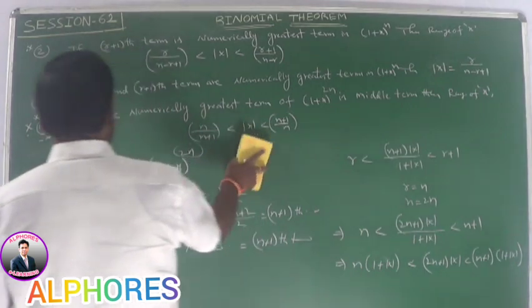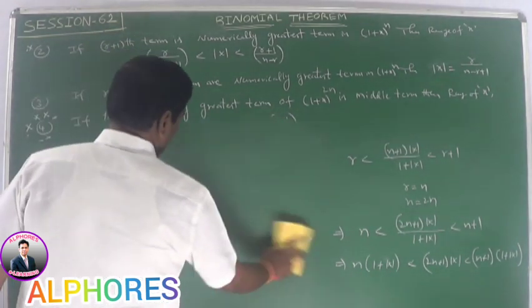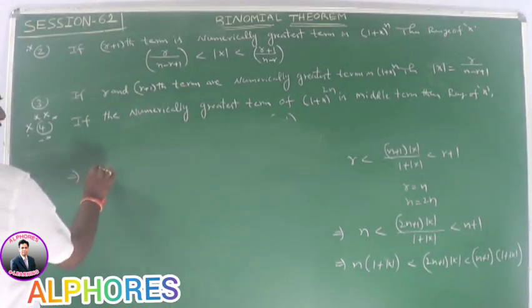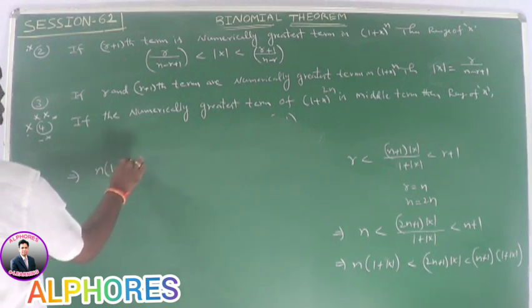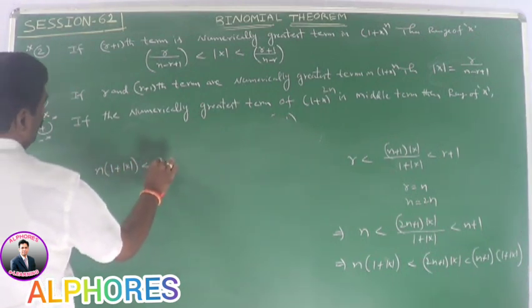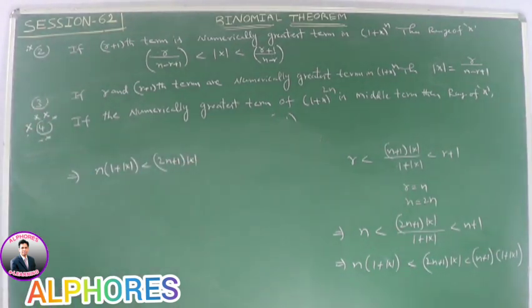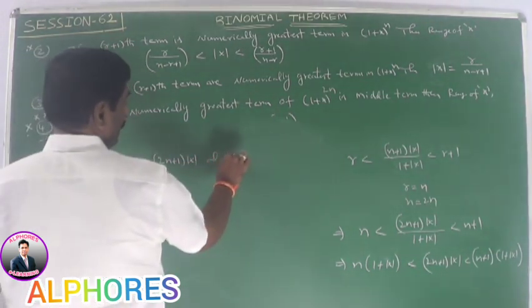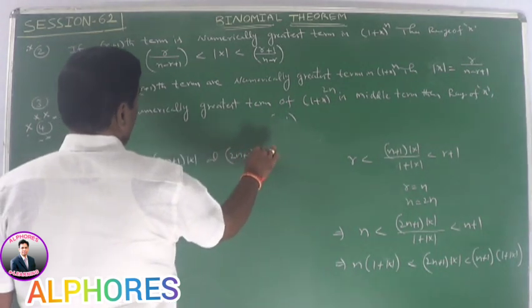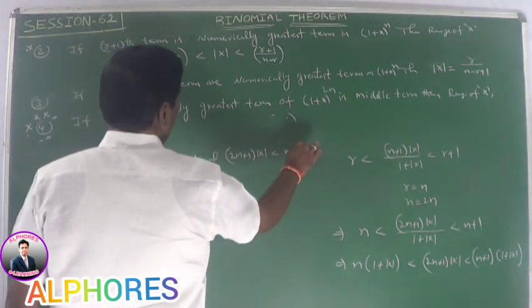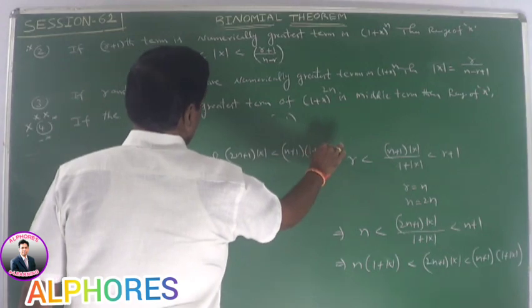By using the distributive property, it can be reduced into n into (1 plus mod x) is less than (2n plus 1) into mod x. Splitting a less than b less than c means a less than b and b less than c. And (2n plus 1) into mod x is less than (n plus 1) into (1 plus mod x).